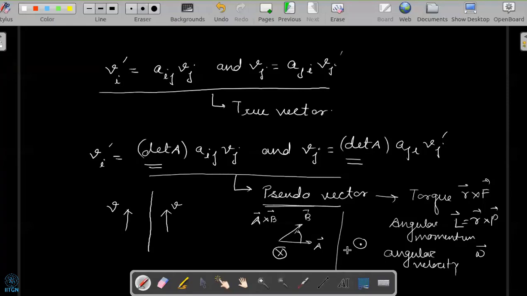Mathematically we can say that if it does not satisfy the rule, then it is a pseudo tensor, but what quantity comes under the pseudo tensor category, you have to investigate, whether it exists or not.